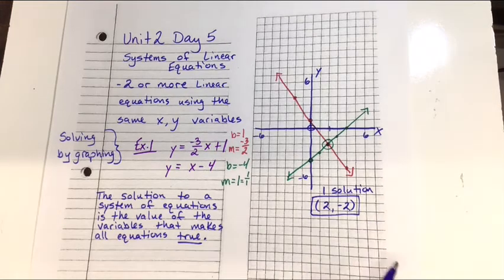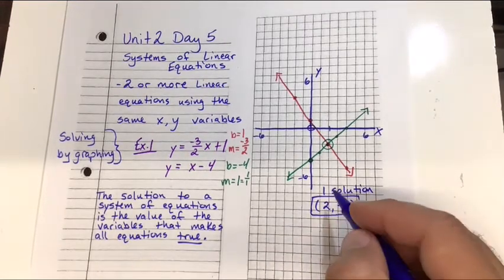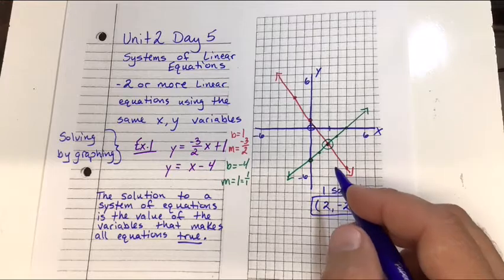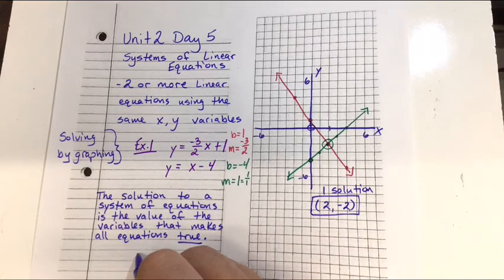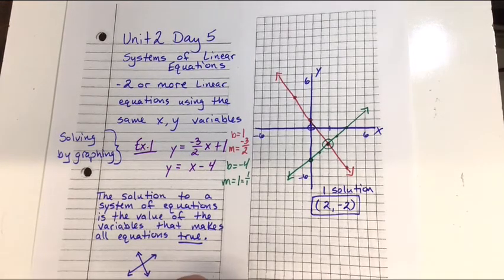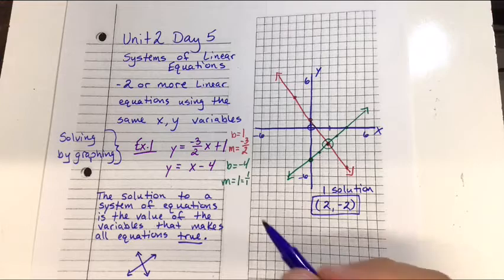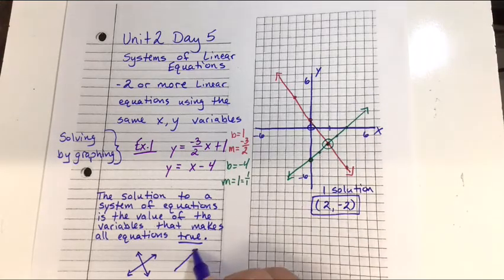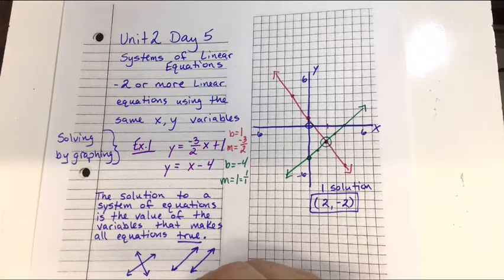Most of the time, we're only going to have one solution. If the two lines cross in any way, there is only one solution. Now, if I graph two lines and they are parallel, meaning they never cross, then there are no points that make both of them true, and so there is no solution, or 0 solutions.